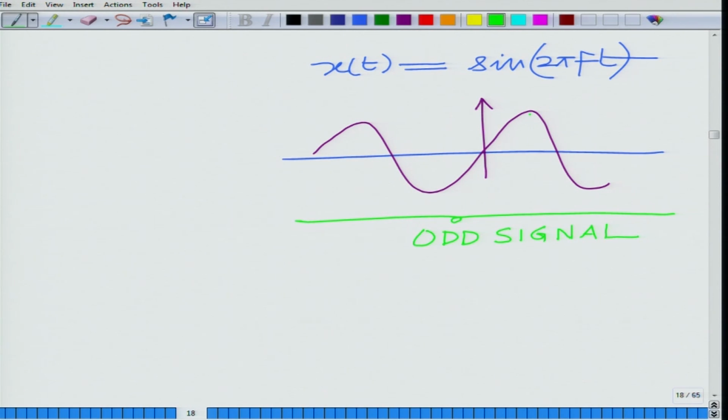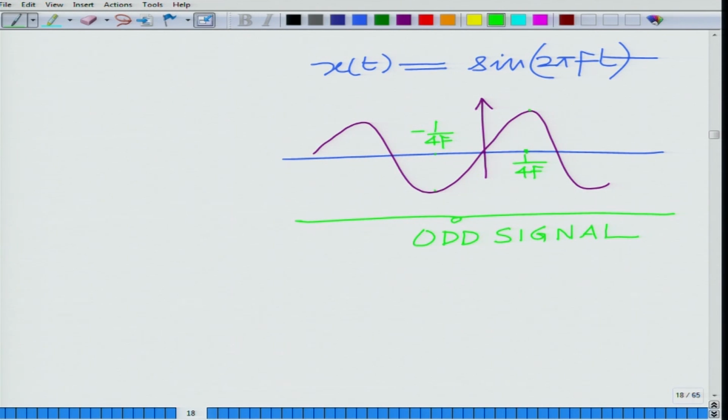For instance, this is the value for pi by 2, so t must be equal to 1 by 4 f, and this is the value correspondingly at minus 1 by 4 f.